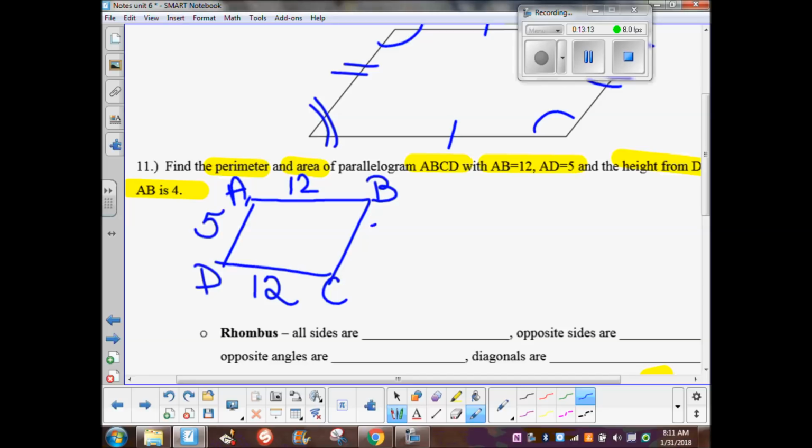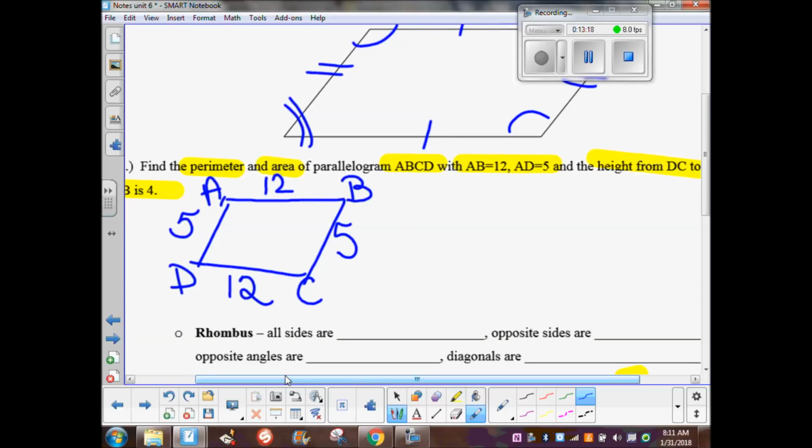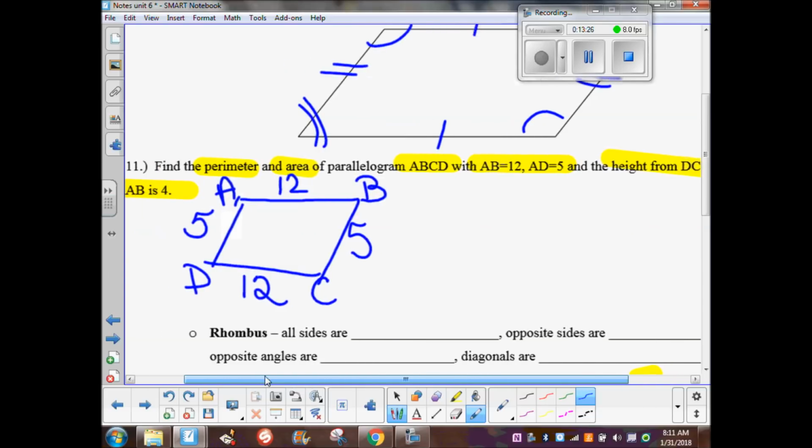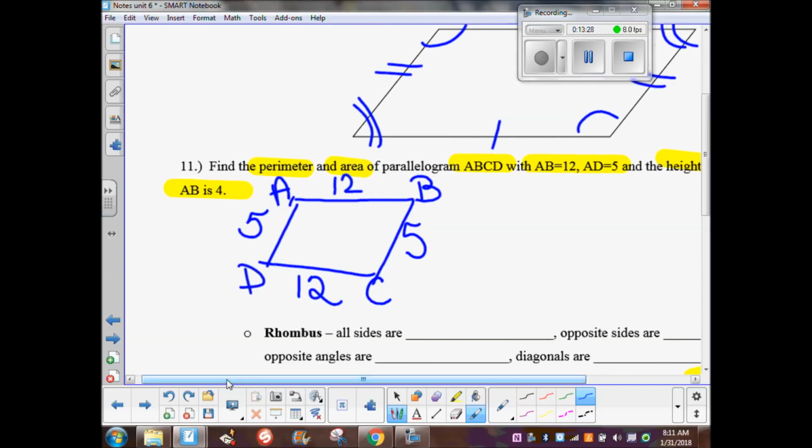Okay. We good? Now it says the height from DC to AB is 4. Now this is just going to look a little weird, but that's okay. So the height from DC, so DC is on the bottom, to AB. Remember we talked about when you're being measured at the doctor how tall you are?